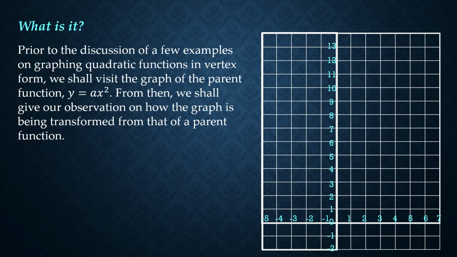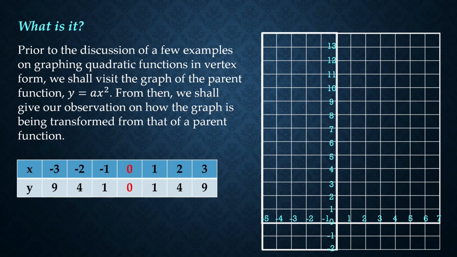Prior to the discussion of a few examples on graphing quadratic functions in vertex form, we shall visit the graph of the parent function na y is equal to ax squared. Katong primerong example. From then, we shall give our observation on how the graph is being transformed from that of a parent function. So, based on lesson 1, example number 1, mao ni siya ang table of values nga gisolve.